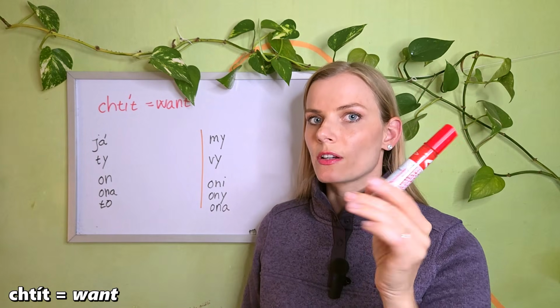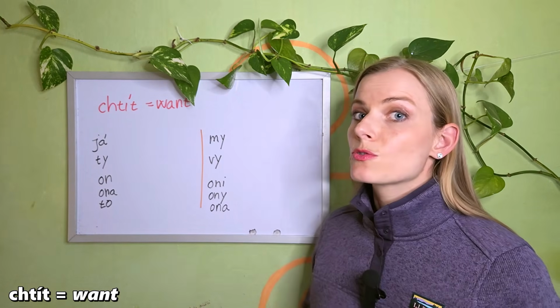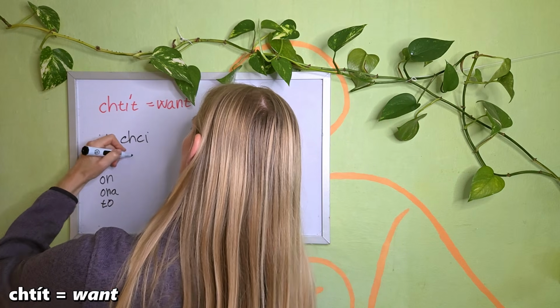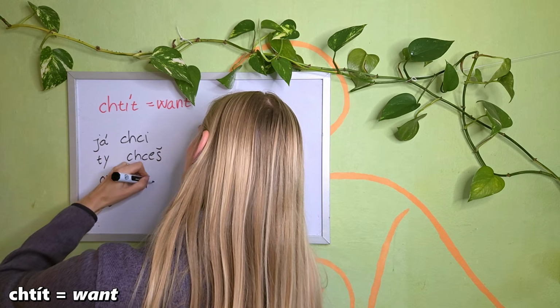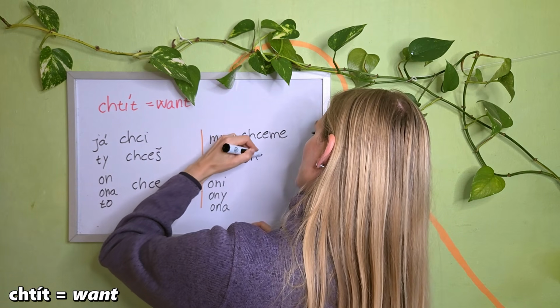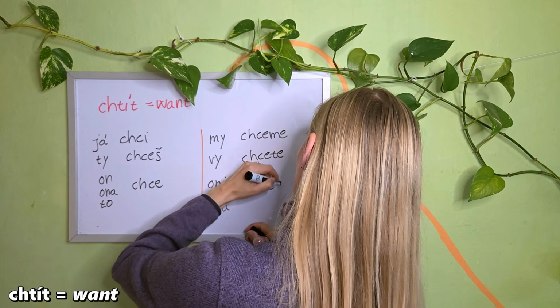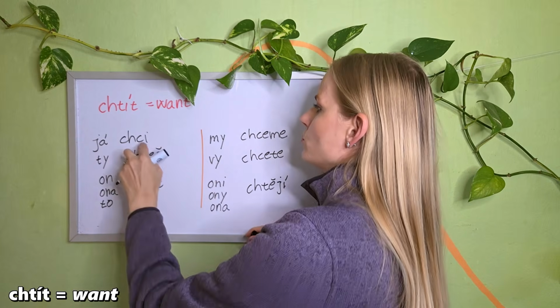I used the red color. It's a little irregular in the present tense. You probably know this. It's used so much. I want is já chci, ty chceš, on, ona, ono chce, my chceme, vy chcete a oni chtějí. Or if you're from Moravia, you could say chcou and já chcu.